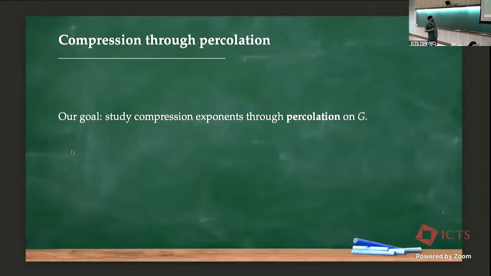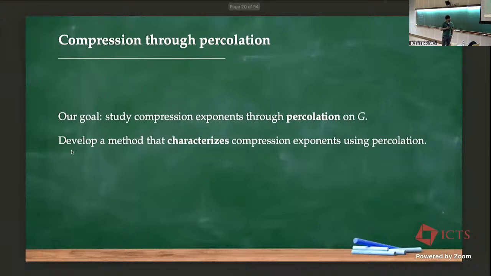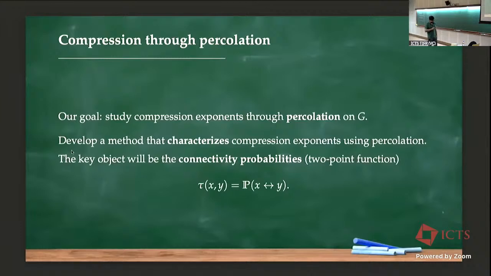All right. So the goal is to develop a method to characterize these exponents, and this will turn out to be, as far as we know, the first probabilistic characterization of these exponents. The key player will be the 2-point function.